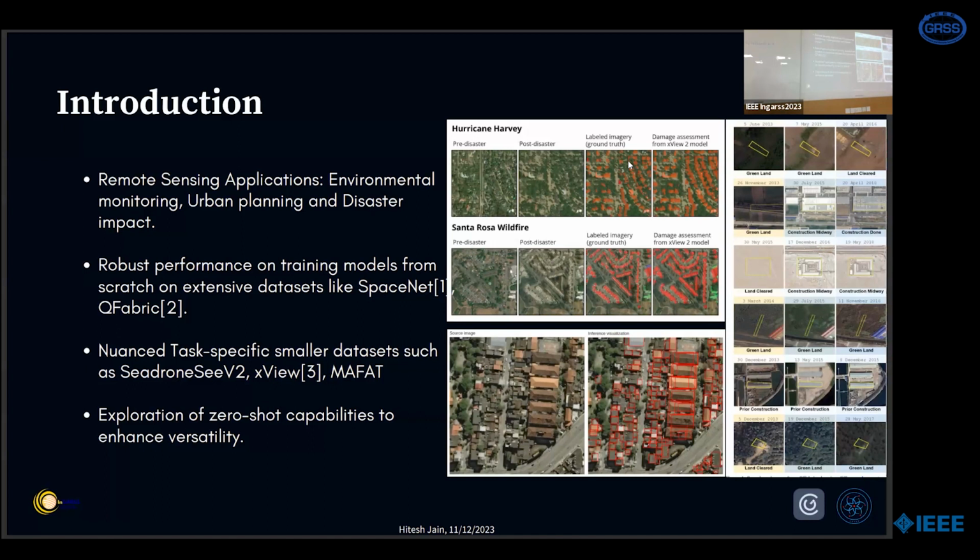The performance hasn't been good enough in training because of their small size. So we can explore the use of zero-shot capabilities to enhance the versatility of the dataset for downstream tasks.